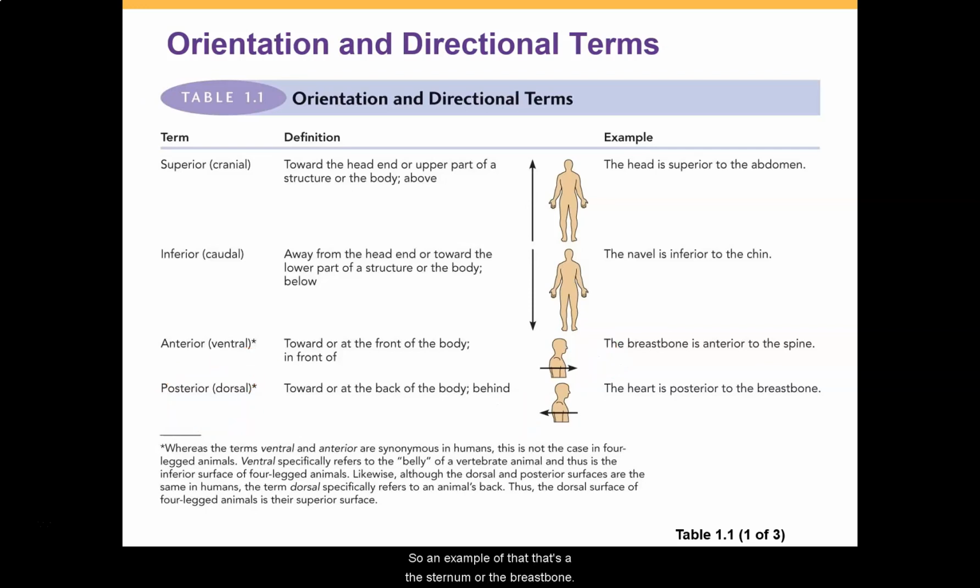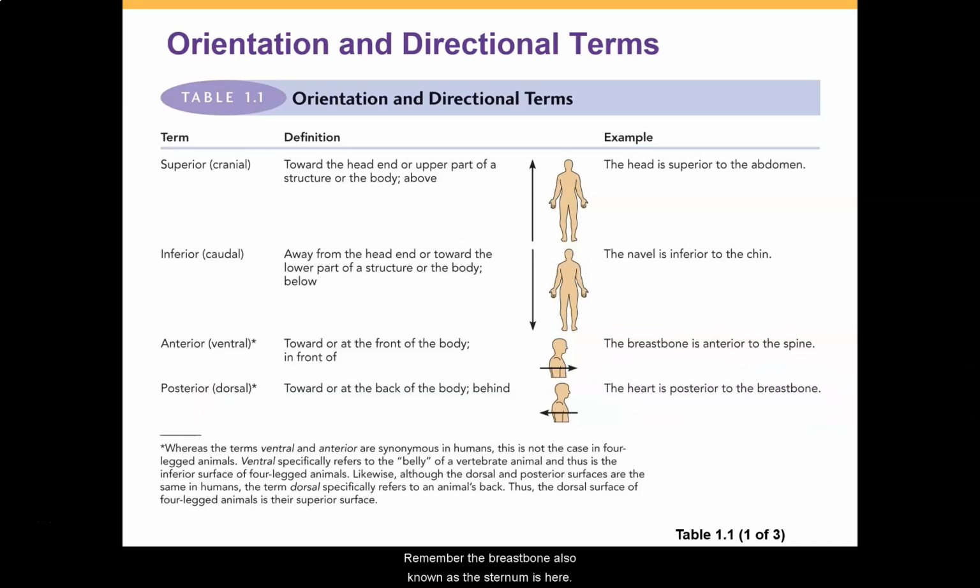So an example of that, let's say the sternum or the breastbone relative to our spine. The breastbone is in the front, the spine is in the back. So our breastbone is anterior to the spine. That means our breastbone is in front of the spine. If we use posterior, the heart is posterior to the breastbone.